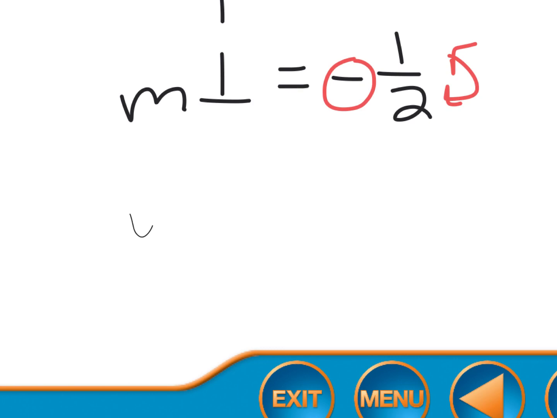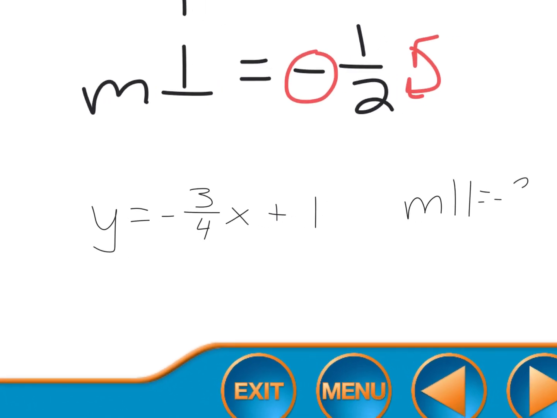Okay, let's do some more practice. What if I had y equals negative 3/4 x plus 1? Okay, start with this. What's my parallel slope? Negative 3/4, same thing, okay? What would my perpendicular slope be? Positive 4/3. Positive, flip the sign, and then flip the fraction. So change the sign, flip the fraction.